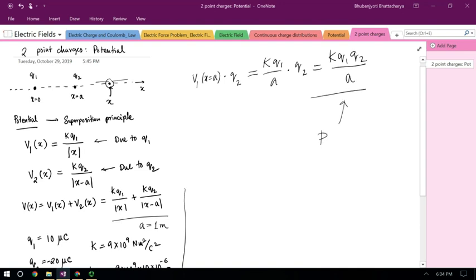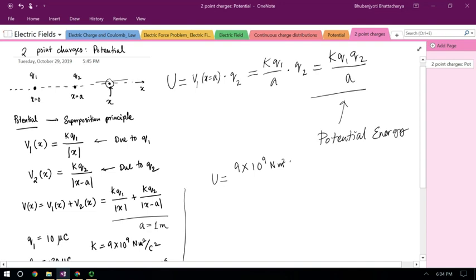Okay, so that's the potential energy, right? This is potential energy. And let's try to see if we wanted to find a numerical value for it, what would that be? So remember, this is the potential energy, U. So potential energy, U, looks like 9 times 10 to the 9 Newton meters squared per Coulomb squared, multiplied by the two charges.